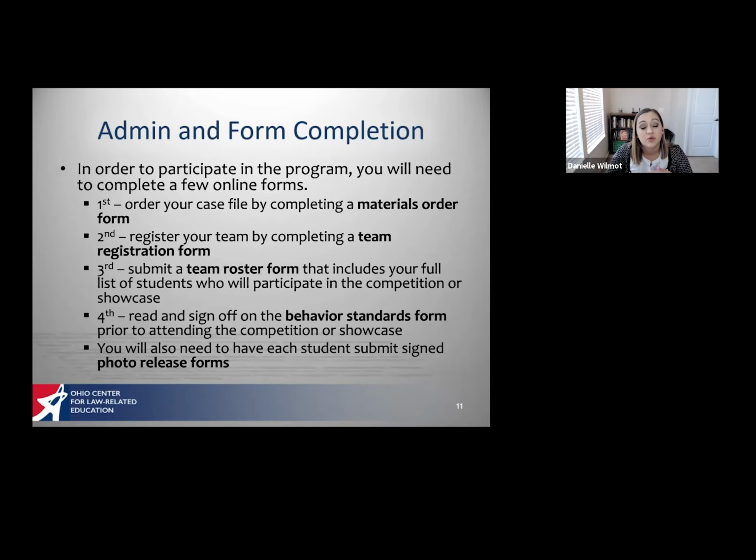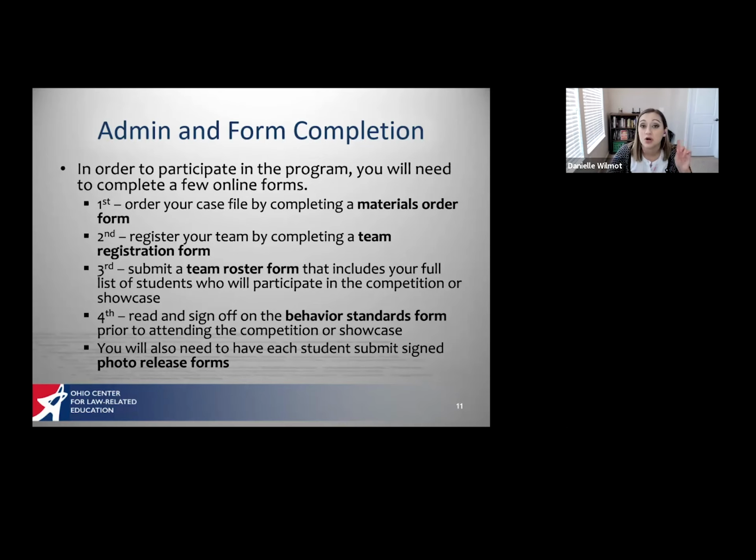We tend to wait on opening registration until everyone's had a little bit of time to digest. So that won't come at the same time, but team registration is required. And that is per team, not per school. So if you are a school and you have too many students that you can't fit them all on one team, you decide, oh, I think we have enough students that we're going to have 3 separate teams. You have to complete a registration form for each one of those teams.